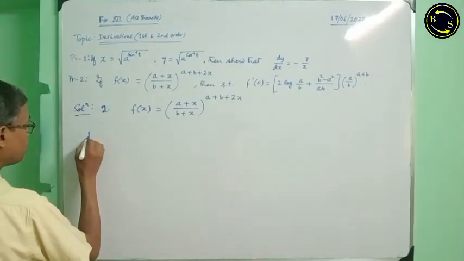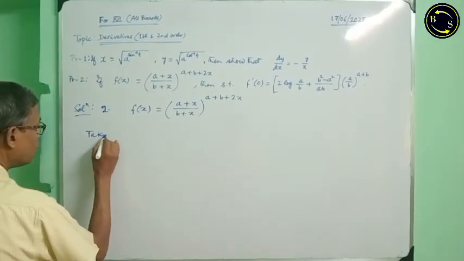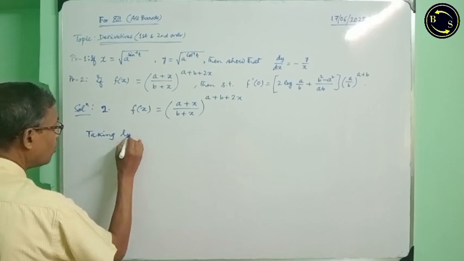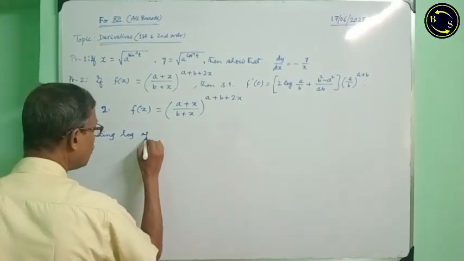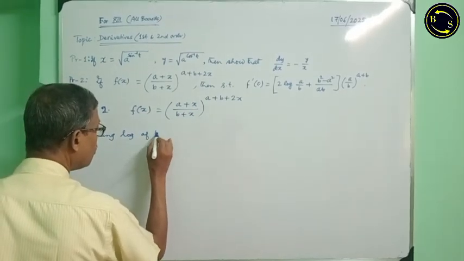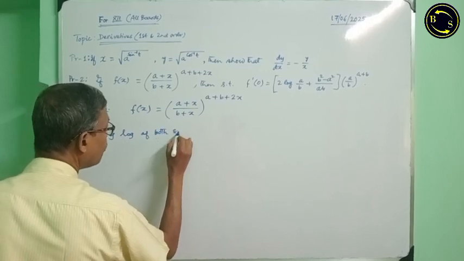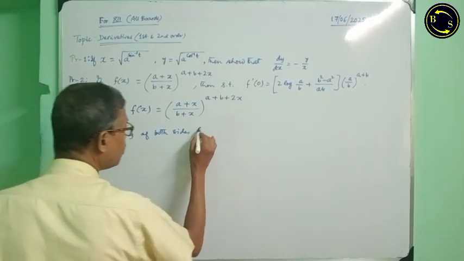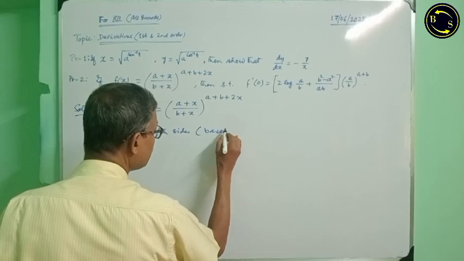Taking log of both sides, mention base is e.